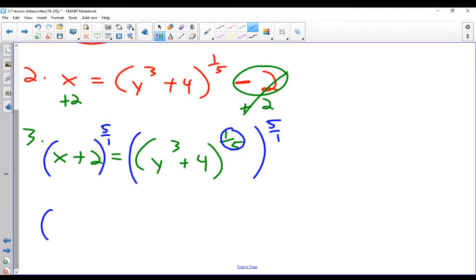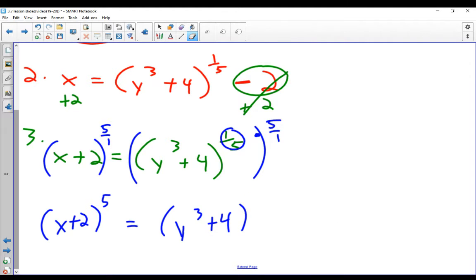So then we'll have over here x plus 2 to the power of 5/1, which is just 5. And then 1/5 to the power of 5/1. That will just give you a power of 1, which again, you don't need. And from here, the rest is easy.